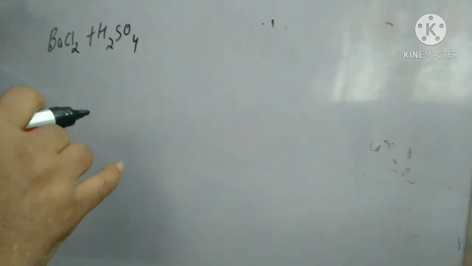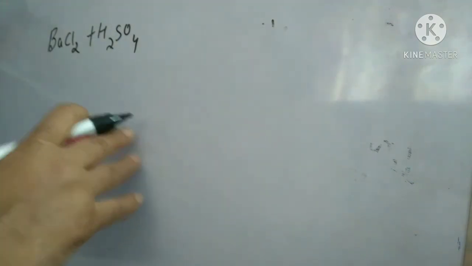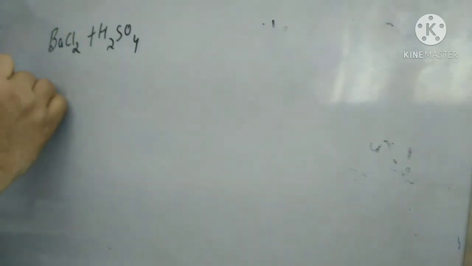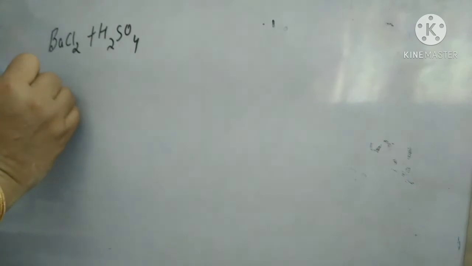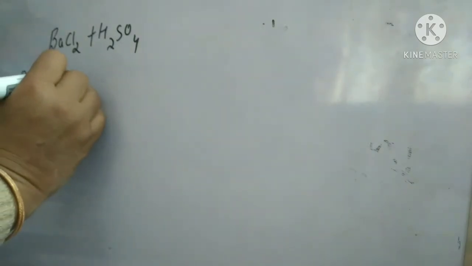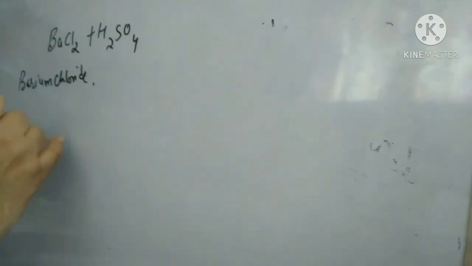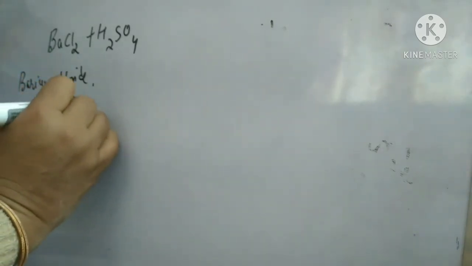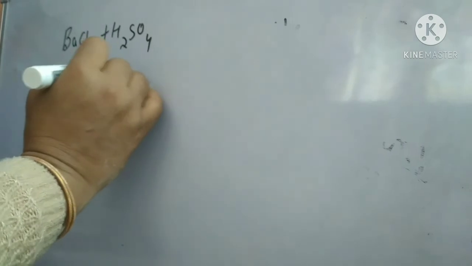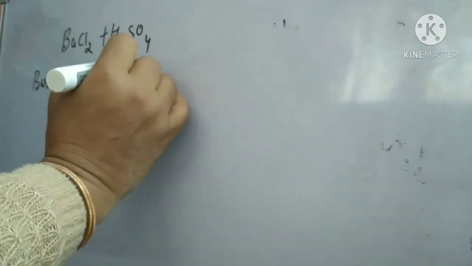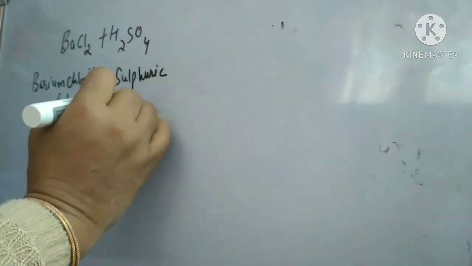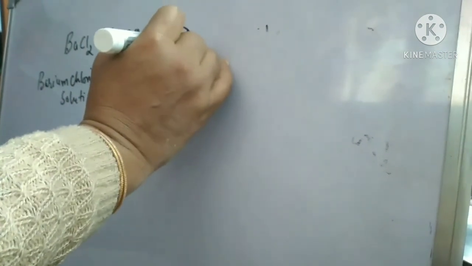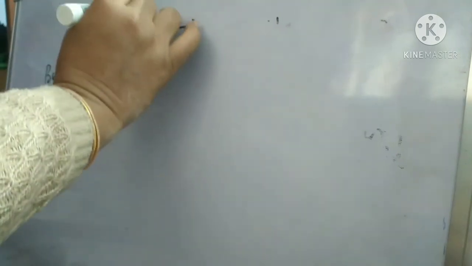Now the barium chloride is in the solution form, plus sulfuric acid, so it will result in the formation of barium sulfate.